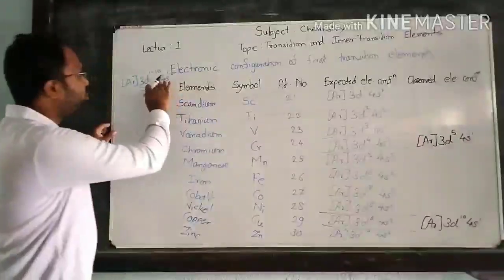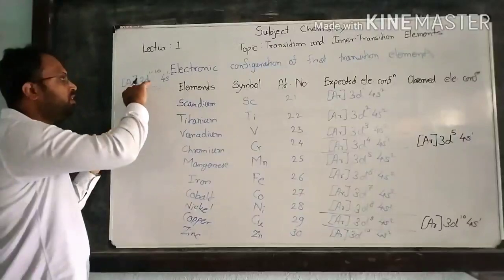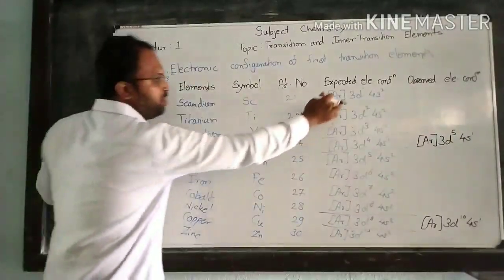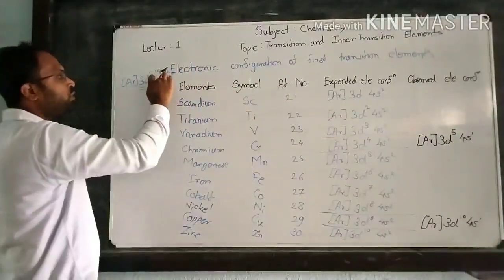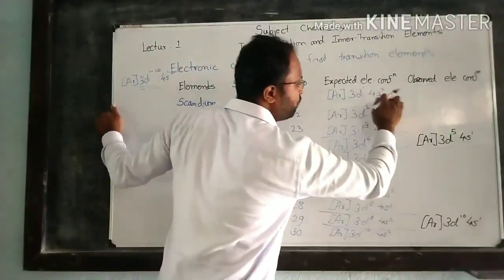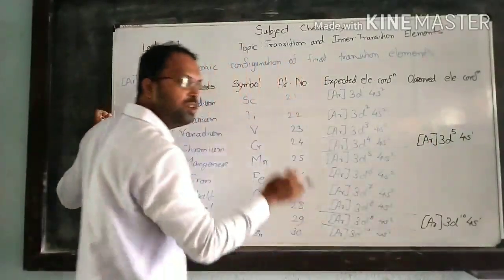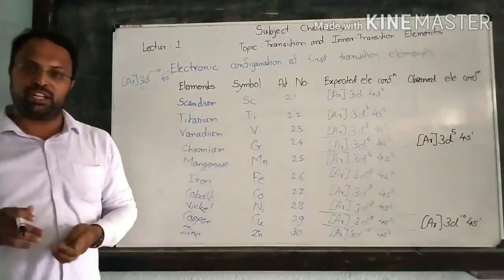So the general configuration of the 3d series is 3d 1 to 10 and 4s 1 to 2, because of the 4s2 and 4s1 cases of expected and observed configurations.